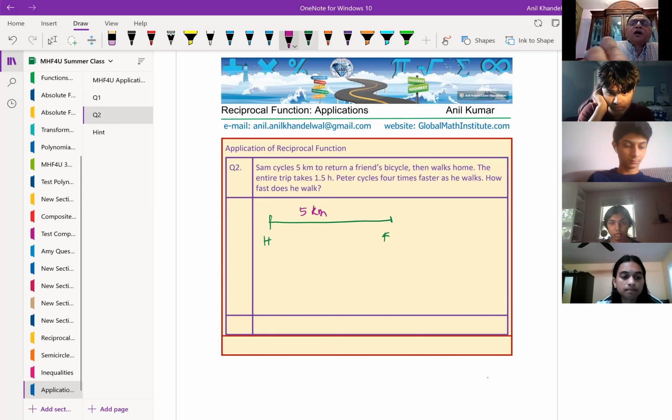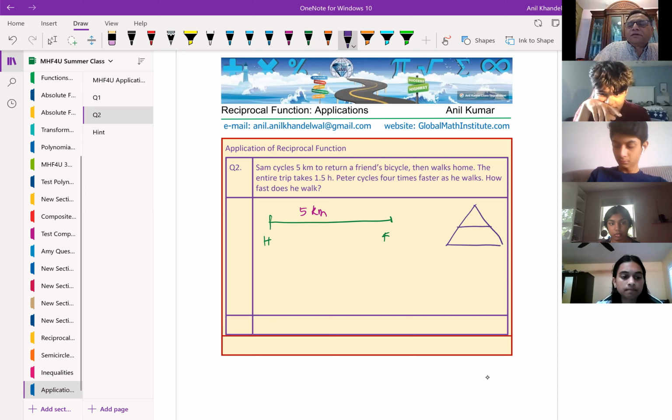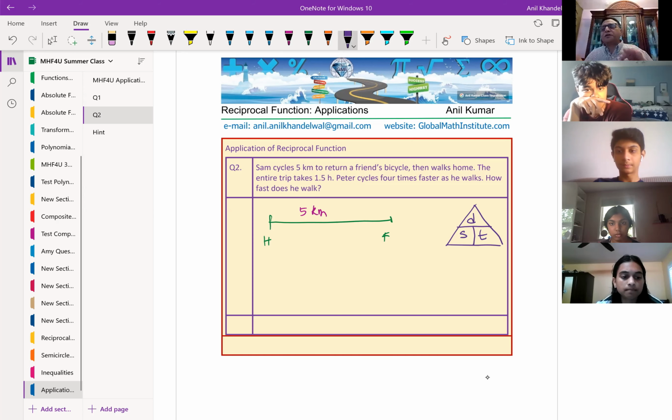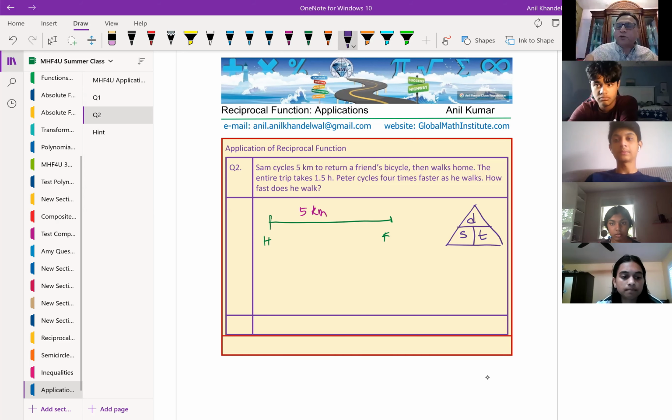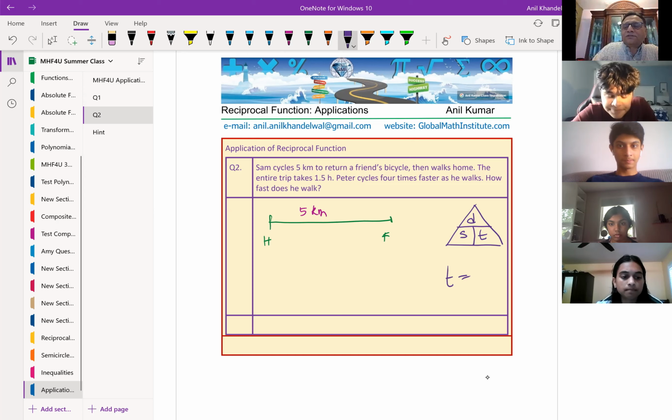Let me show you how it is a reciprocal function. Distance, speed, time relation. How are they related? Distance is the product of speed and time, right? Now, if you fix the distance, then how is time related? Well, time is equal to distance over speed.